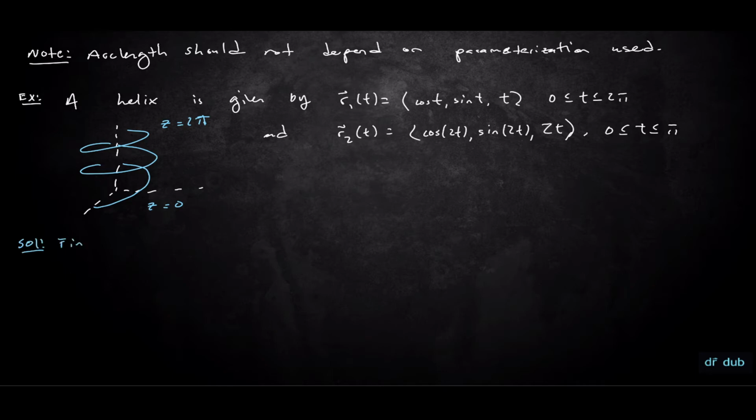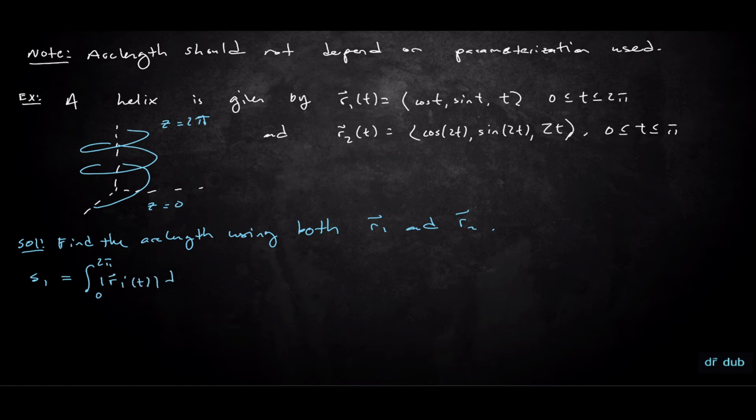So solution: find the arc length using both R1 and R2. We'll call it S1. It's going to be the integral from 0 to 2 pi of the magnitude of R1 prime of t dt.